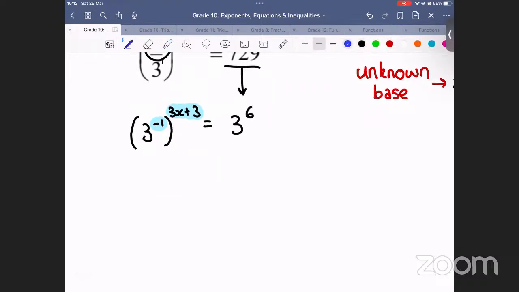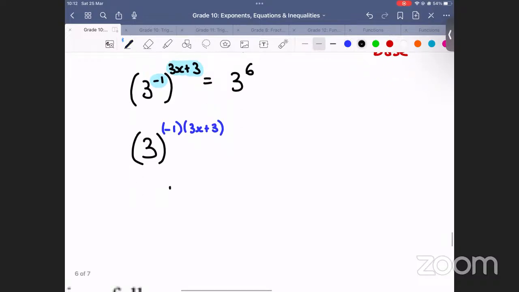So I have a power to a power, and I can multiply those powers. So negative 1 times 3x plus 3 essentially becomes 3 to the negative 3x minus 3.